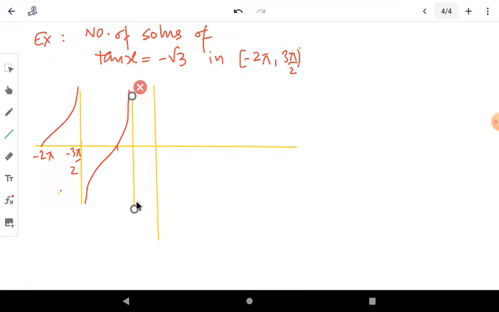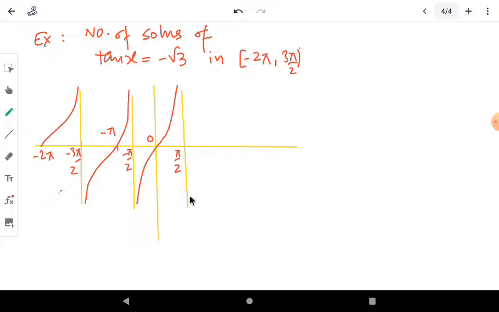And then again another asymptote. So this is minus pi, this is minus pi by 2, guys, this is 0, this is the pi by 2 line, right, guys?